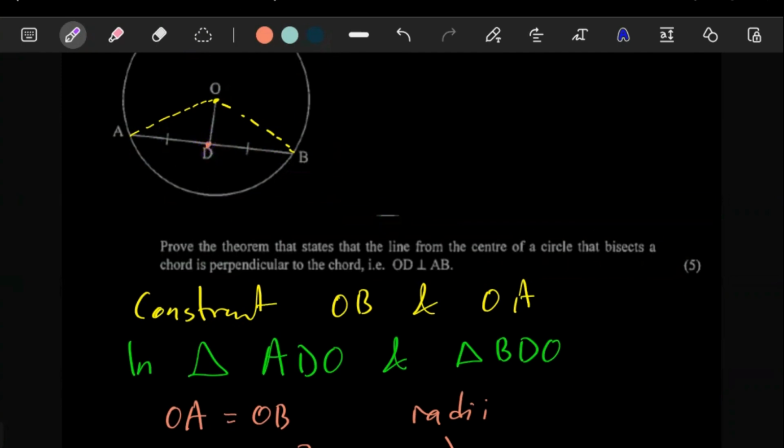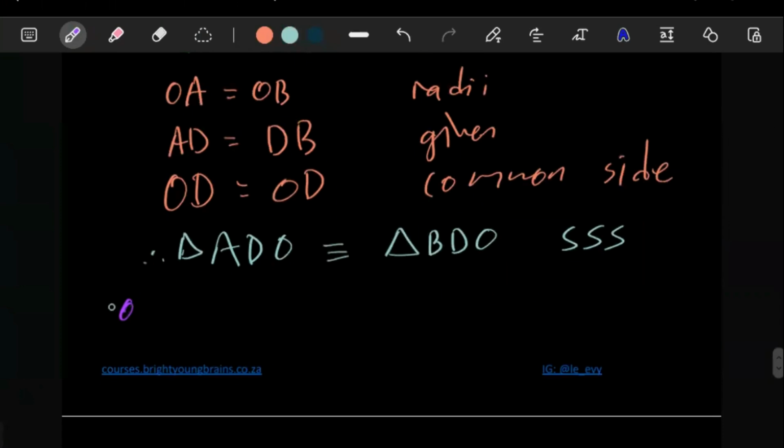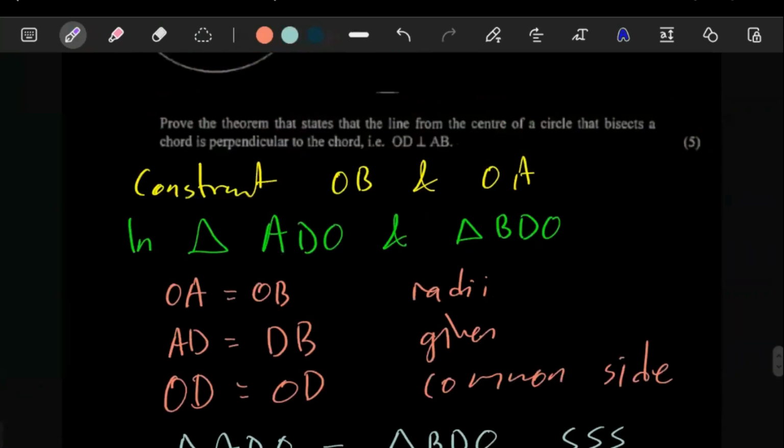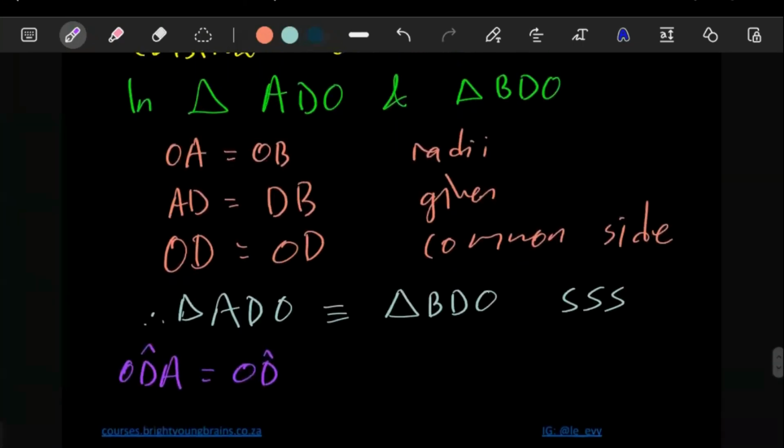180 divided by 2 is equal to 90. So here let's say ODA is equal to ODB. So if that's equal, this has already been proven since the triangles are congruent. Congruent means everything is identical.